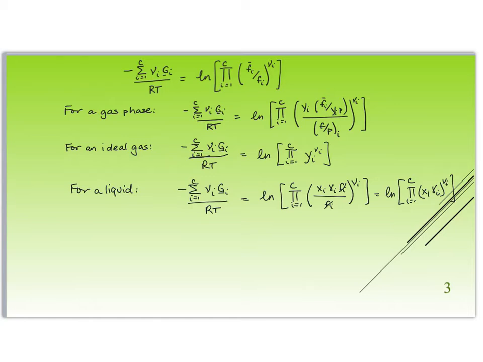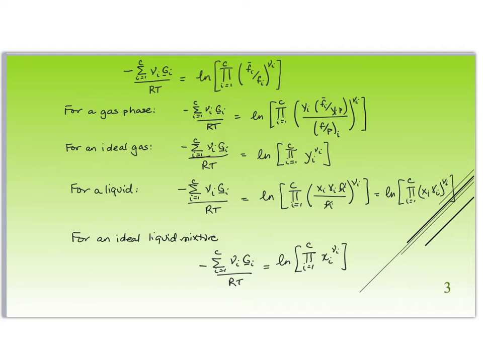And finally, let's look at an ideal liquid mixture. We end up with gamma i going to 1 for this ideal liquid mixture, and so my expression looks very much like it did for the ideal gas, except we replace the y with x because we're discussing a liquid composition.